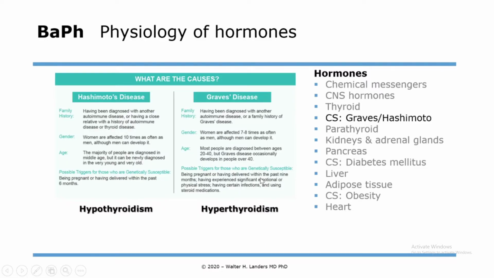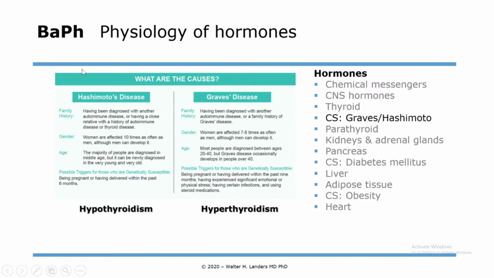Now here's a clinical case or clinical study again. So we have Graves' disease and Hashimoto's disease. On the right we have Graves, and on the left is Hashimoto's disease. Because there are some diseases where sometimes your thyroid works too much or too heavy, and sometimes it doesn't work at all.